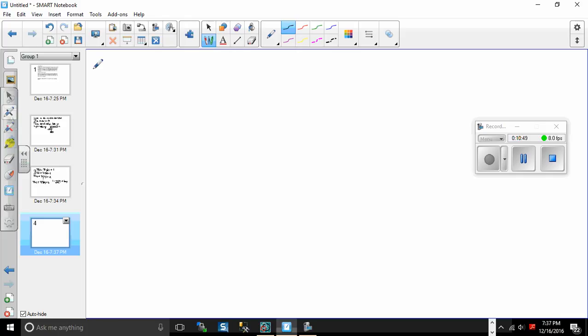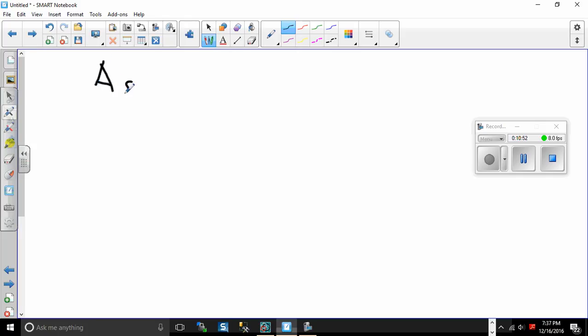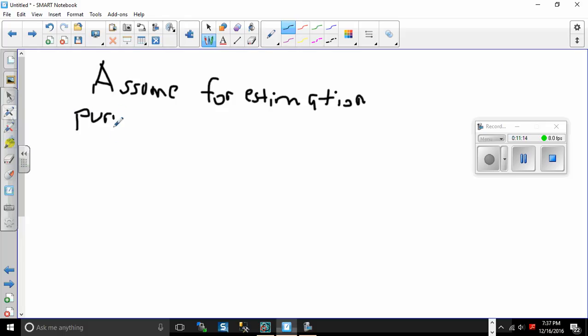So assume, for estimation purposes, that n is equal to 2 to some power.